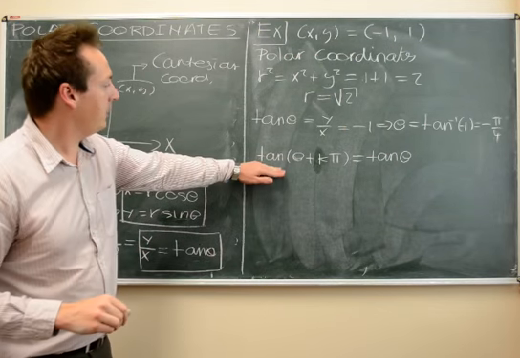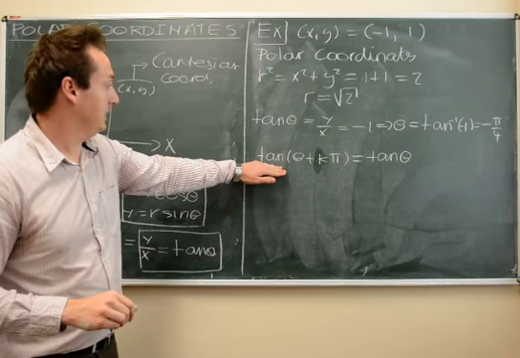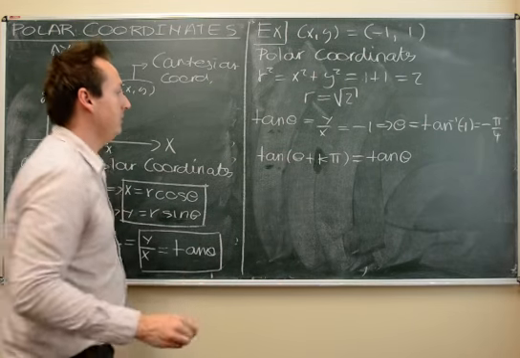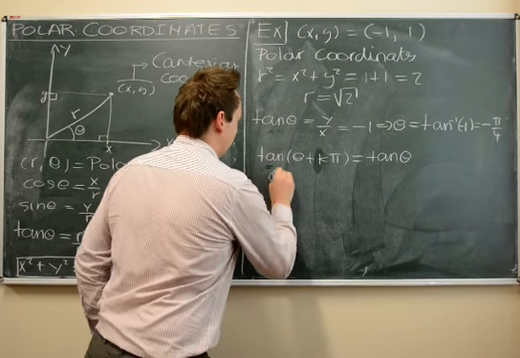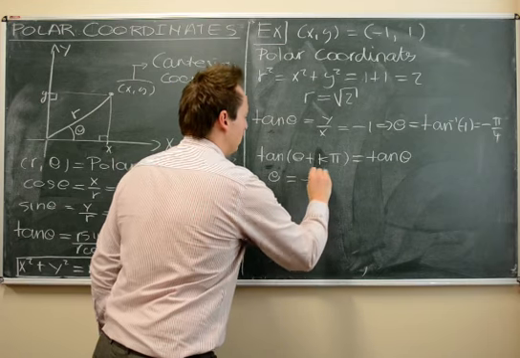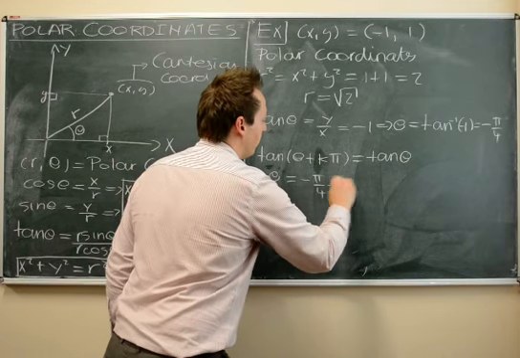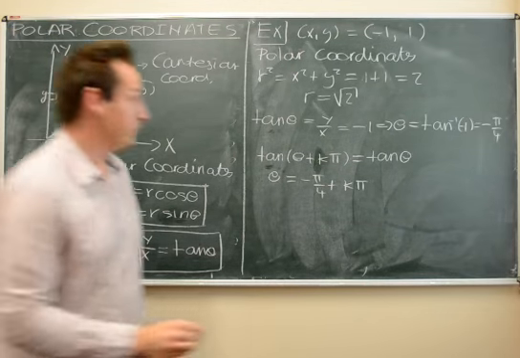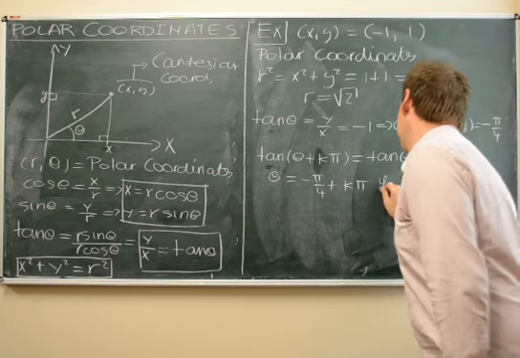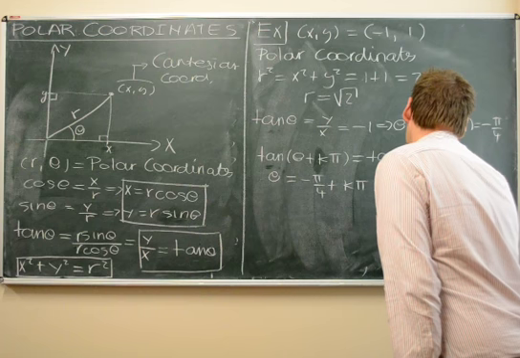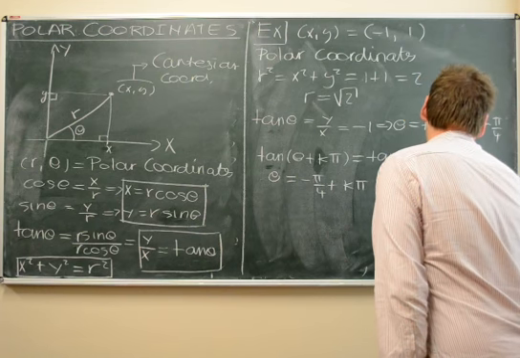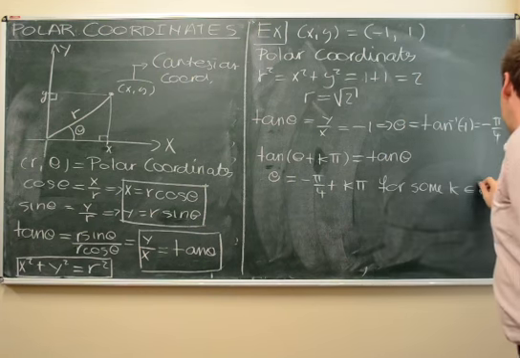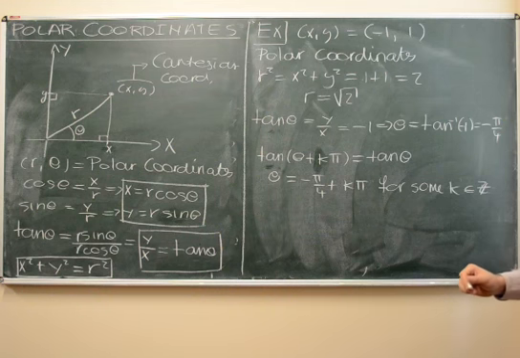So applying this identity to what we've done here, we see that actually theta has to be minus pi over 4 plus k pi, for some k. And this k is of course an integer. So now which value of k do you have to take?